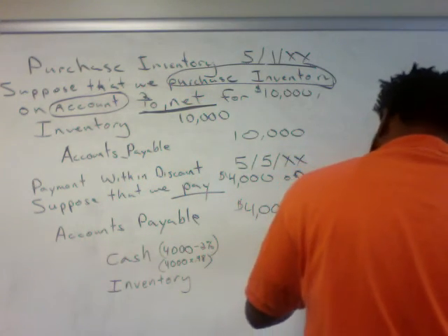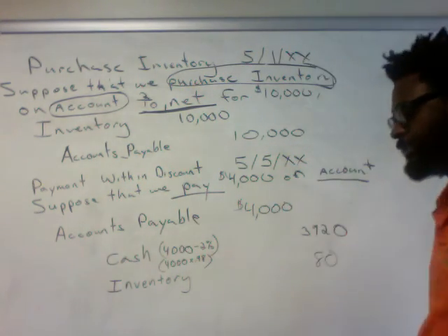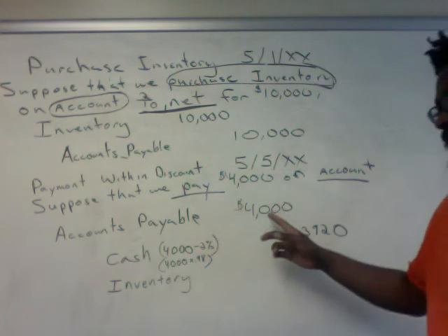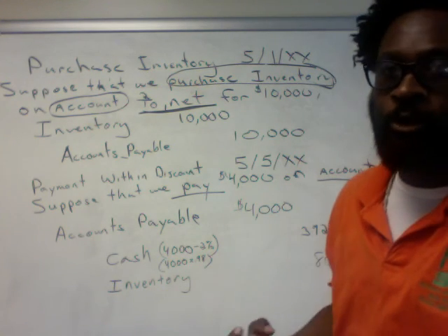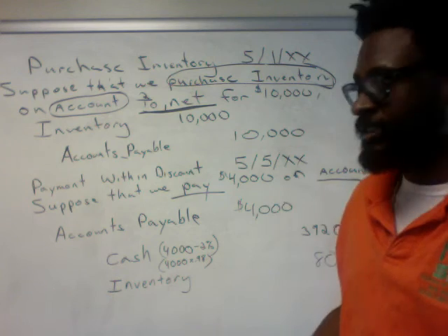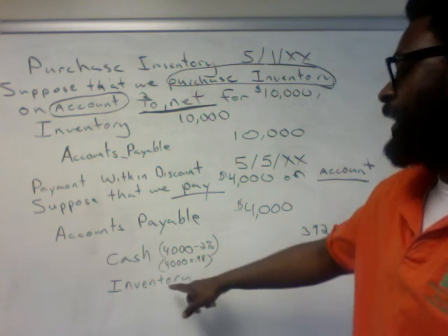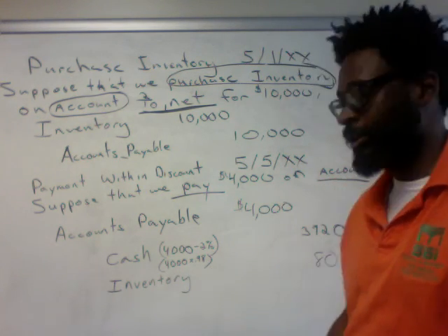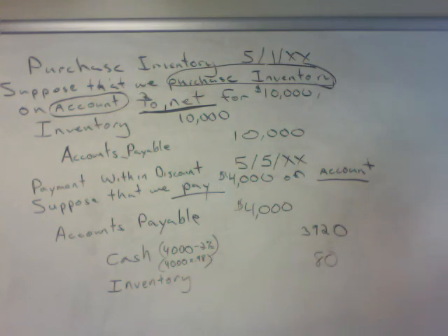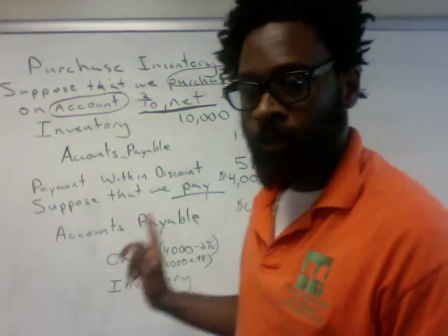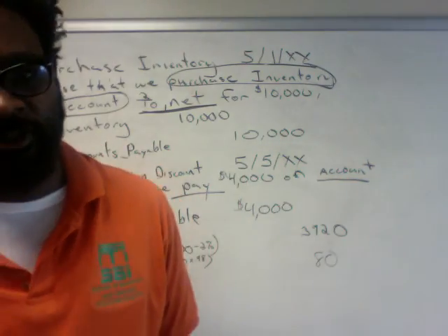And the reason we're crediting inventory for $80 is because we received a purchase discount on the purchaser side, and it has to lower the cost of our what? Inventory. Very important. Watch this video again so that you can make sure you understand.